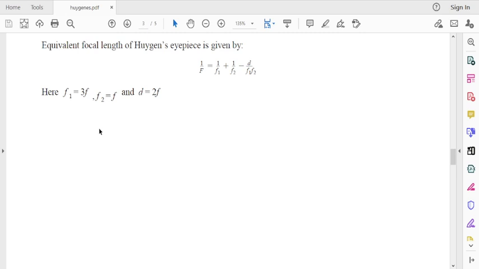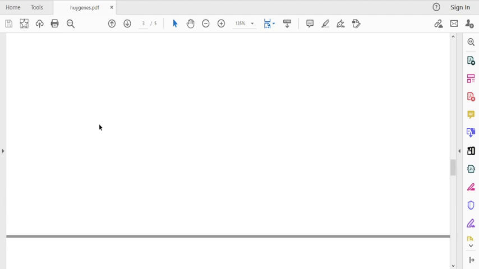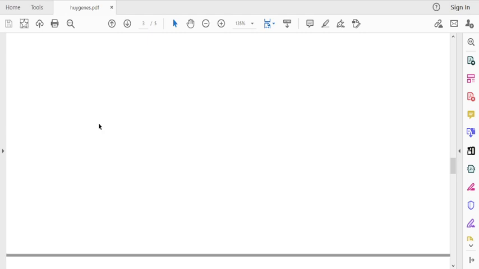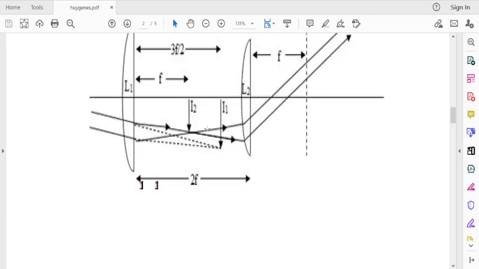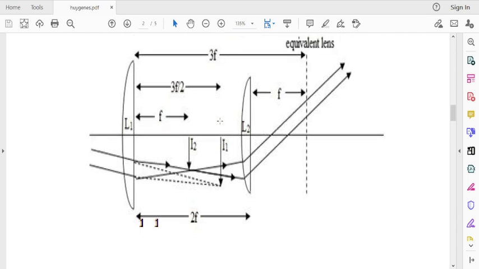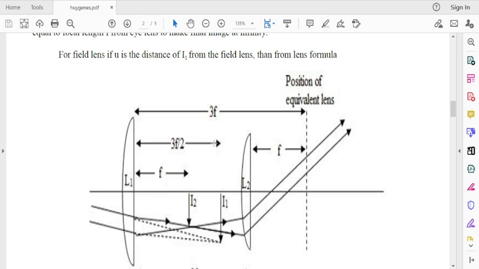Then what about the position of the cross wires? Again, see in the diagram the image I1 is at a distance of f/2 from the eye lens, or 3f/2 from the field lens.